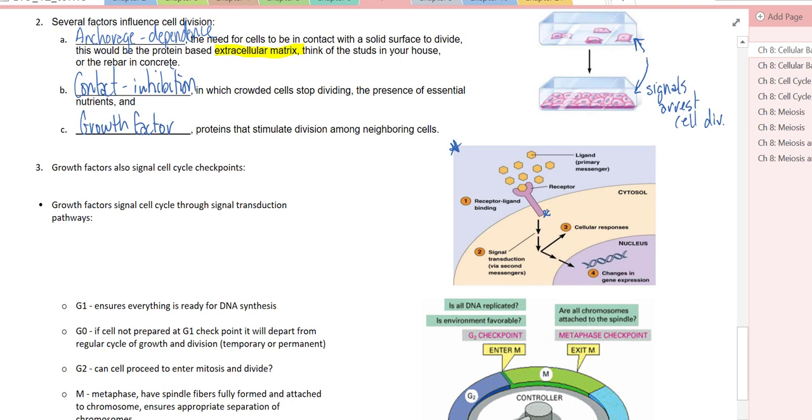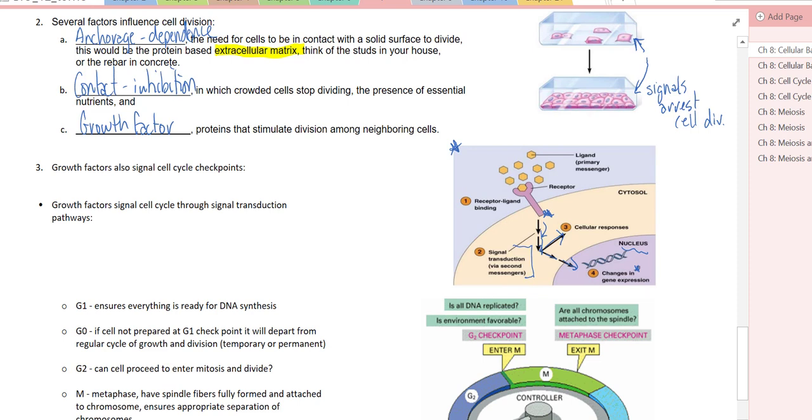And just like we talked about, these integral proteins that span the membrane are connected to other molecules on the inside, which can lead to a cascade of events. And eventually, in this signal transduction pathway, we can have these cellular responses, but more specifically, triggering the DNA within the nucleus and affecting its gene expression.